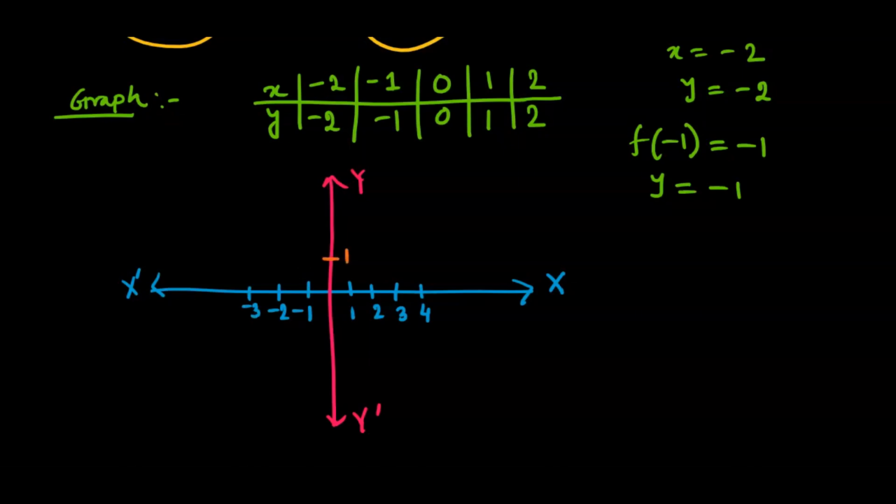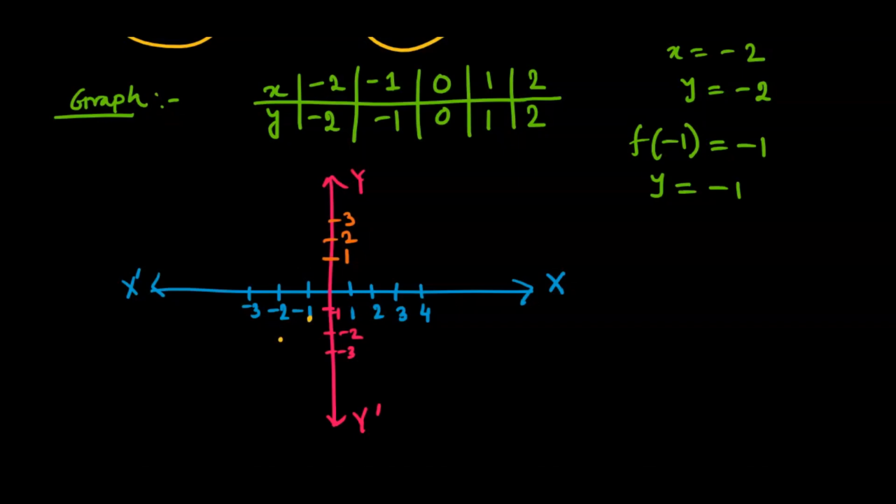And also here we have 1, 2, 3 like this, and here -1, -2, -3 like this. So let's plot the points. Let's plot the point -2, -2. This point is somewhere here. Then plot the point -1, -1. So this point is here.